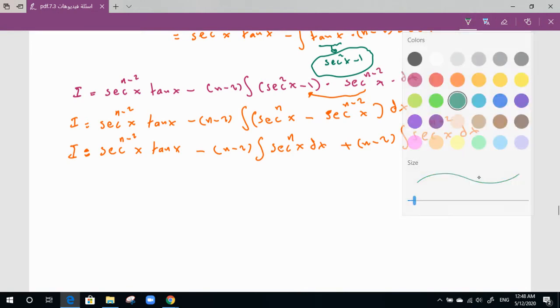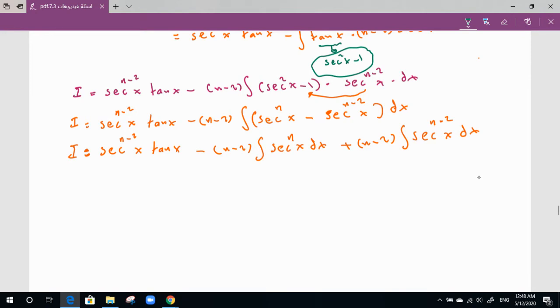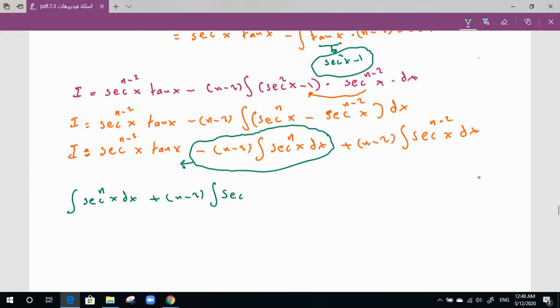This integral, I will take to the other side, because the integral I is the integral of secant to the power n x dx, plus n minus 2 times the integral of secant to the power n x dx equals secant n minus 2 x tan x plus n minus 2 times the integral of secant n minus 2 x dx.